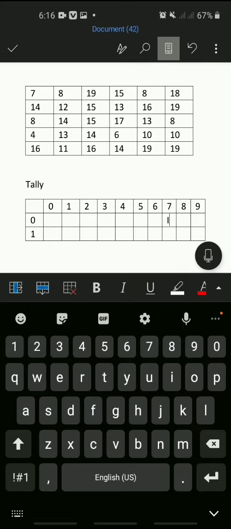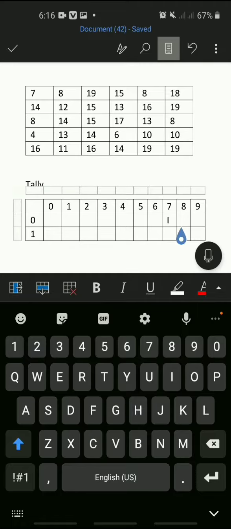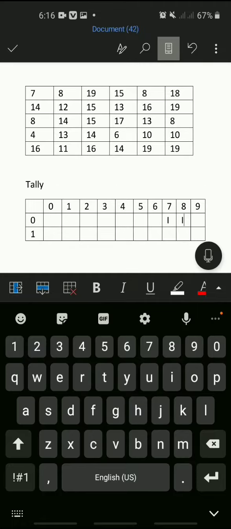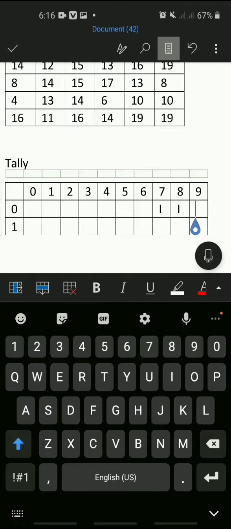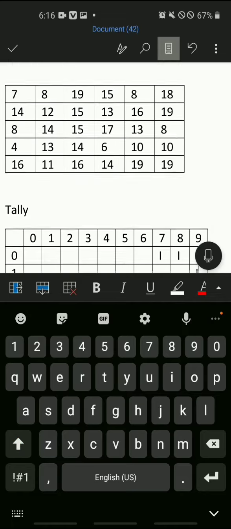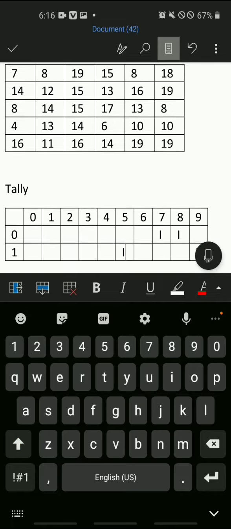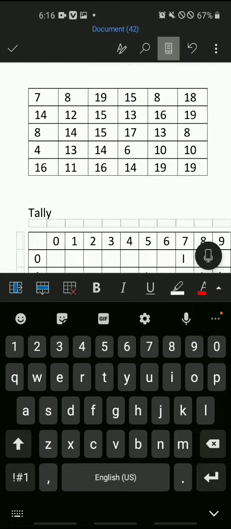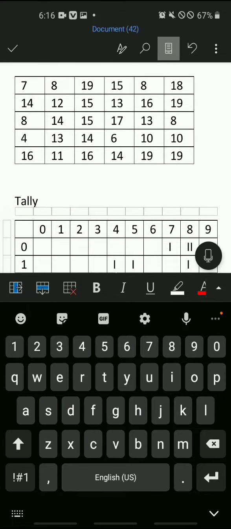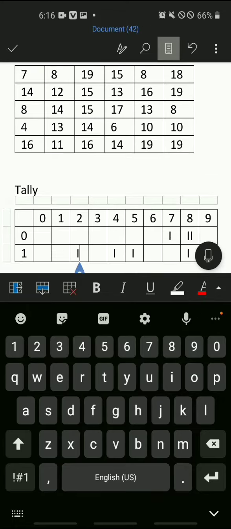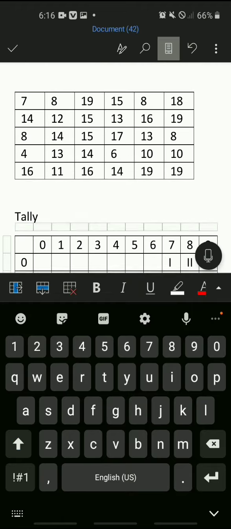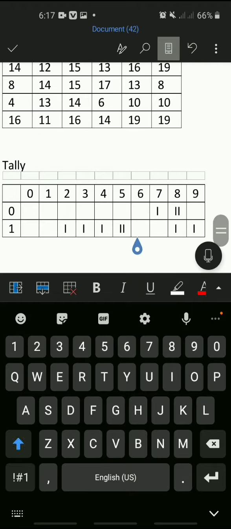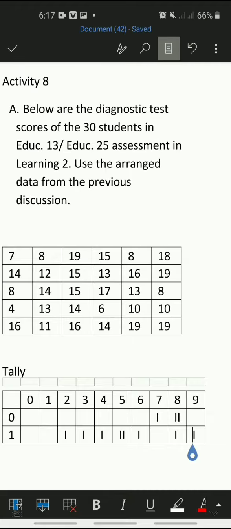1. Next is 8. Next is 19. 15. 8 again. And 18. And then 14. And 12. And then 15. And then 13. And then 16. And then 19. 19.